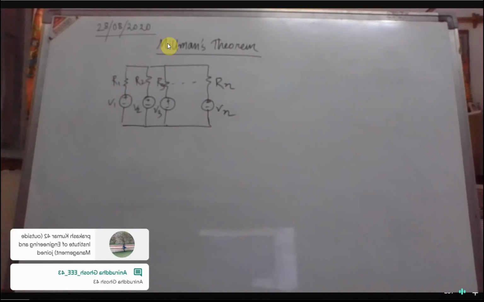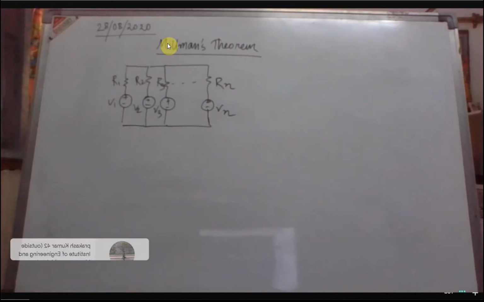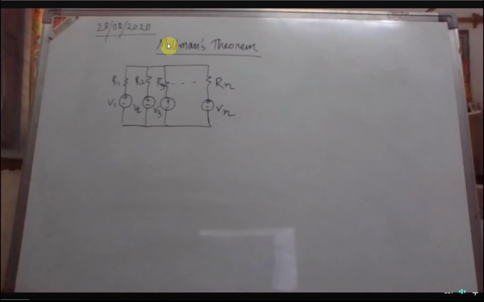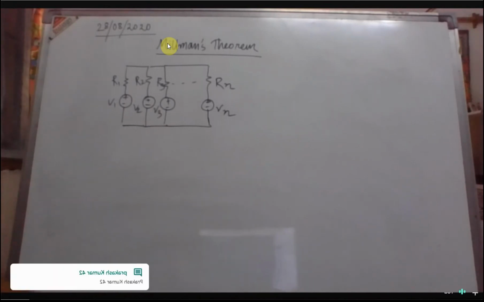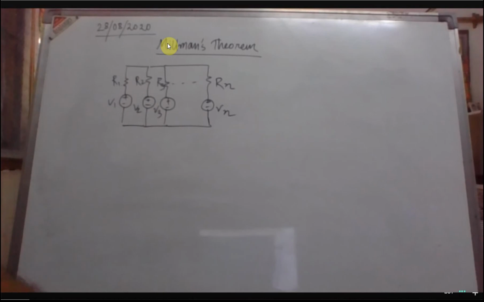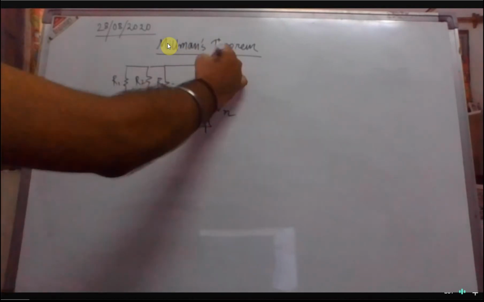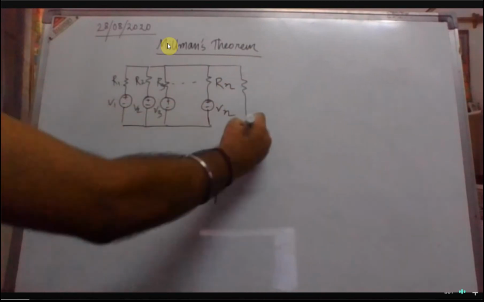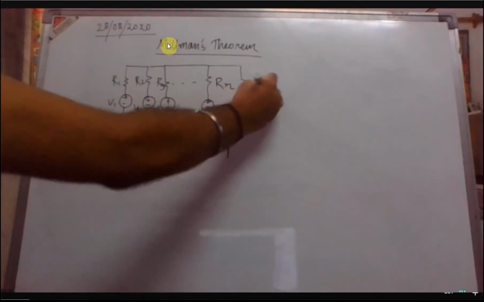If we have this kind of circuit, then as per Millman's theorem, we can replace it with a single circuit. Suppose with this we have a load resistance RL.